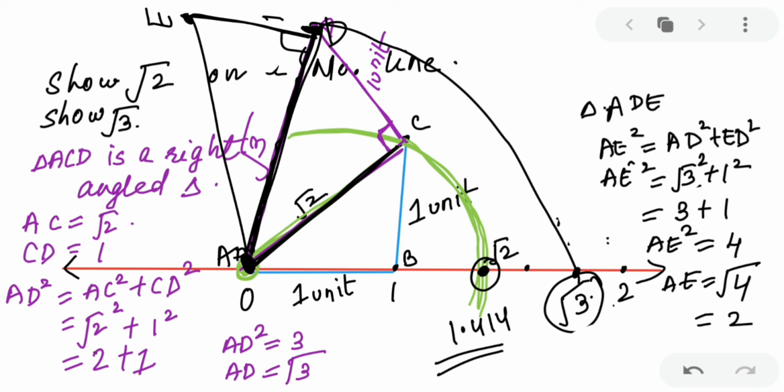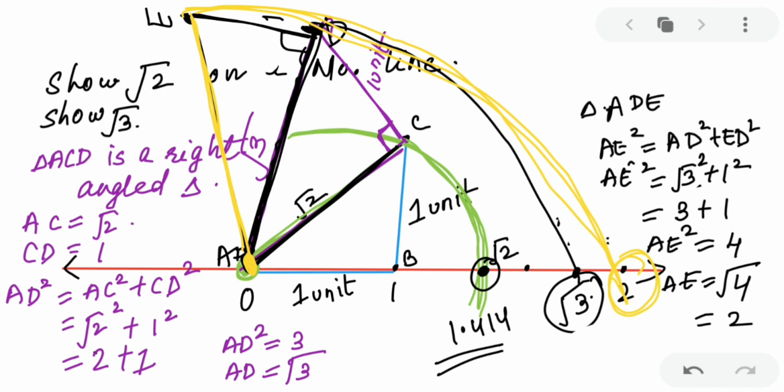So my dear kids, now you have to take AE as the radius, put your compass on the point A, and draw an arc, and you will notice that the arc is going to cut exactly at 2. So this is how we make the points. I have taught you root 2, root 3 and exactly 2.